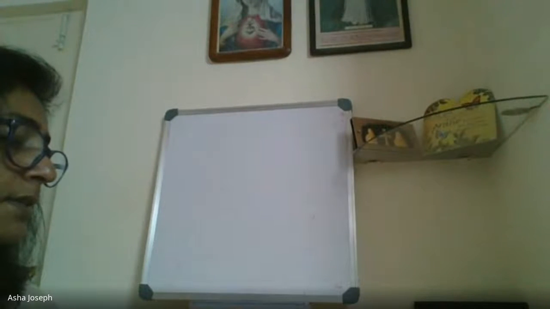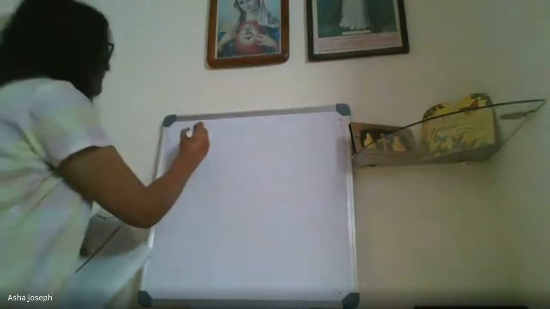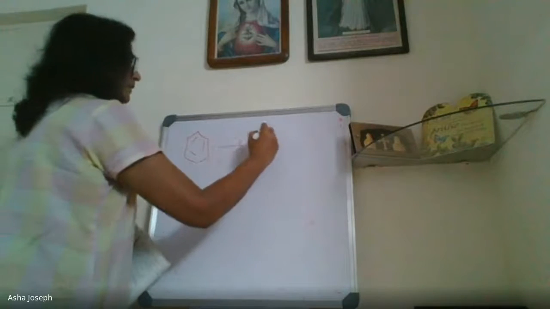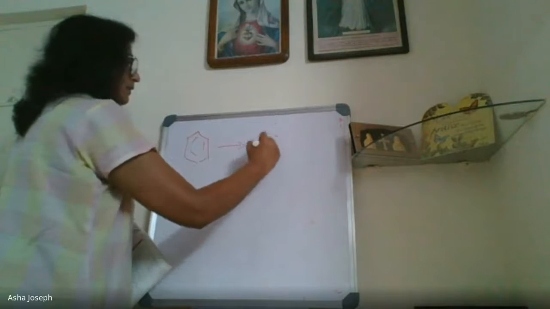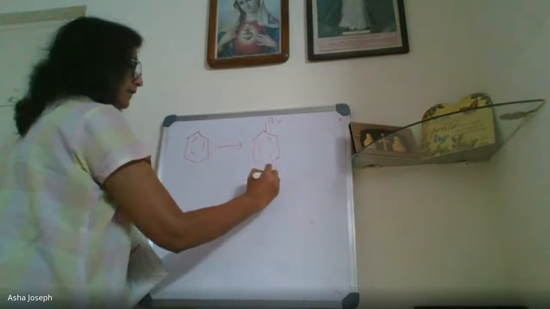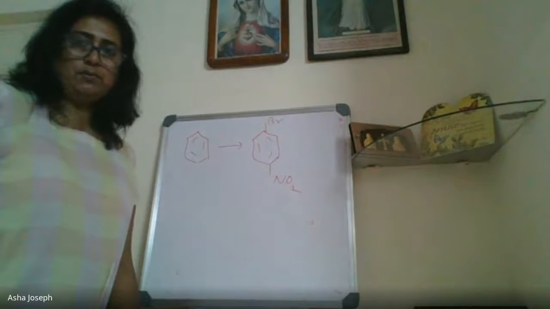this also is important. Benzene to 4-bromo nitrobenzene. So, if Br is here, 1, 2, 3, 4, right? Benzene to 4-bromo nitrobenzene.